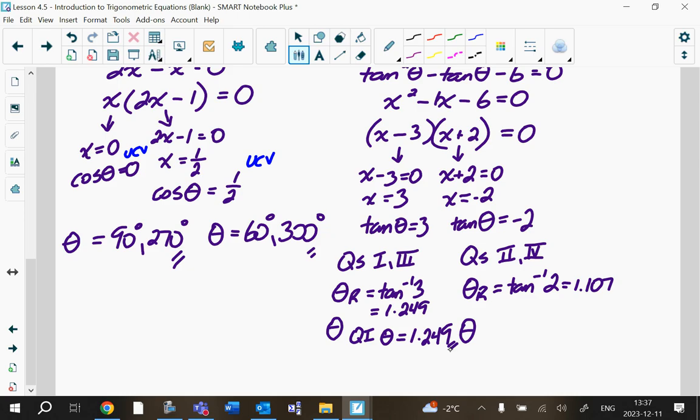What about quadrant 3? How do I find theta? Not 180 because we're in radians. Pi plus 1.249. Yeah. And that will get you 4.391. So that's the 2 solutions for that side.